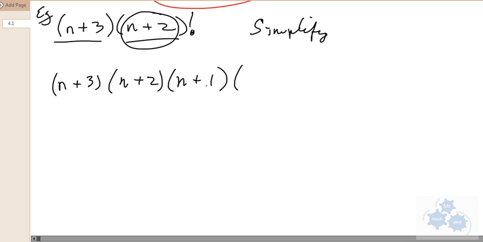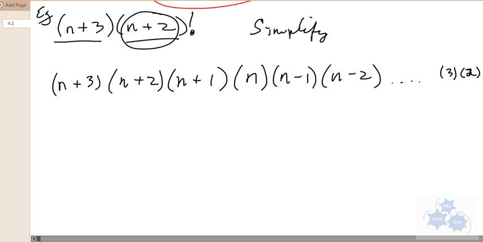And what's next? If we take 1 away from this, what's next? n. Okay. And then after that, of course, we get into n minus 1, n minus 2, and that looks pretty familiar, right? And so really, what's happening is this goes all the way down until we get to 1. All the way until we get to the very end, which is like this, really, right?